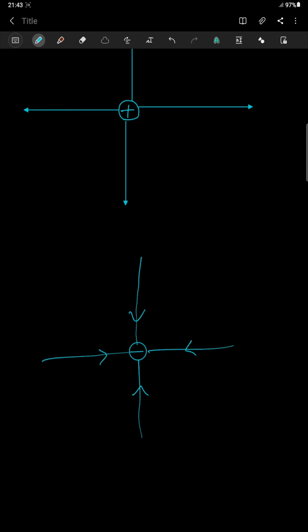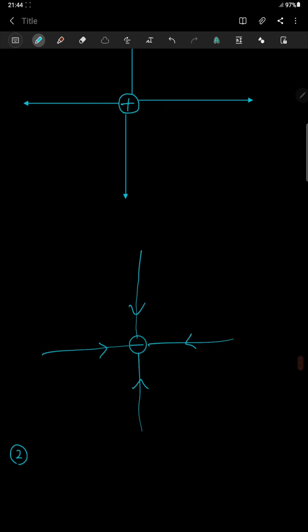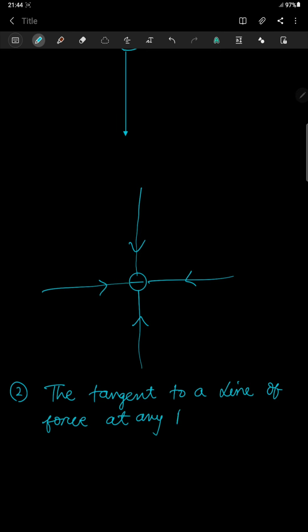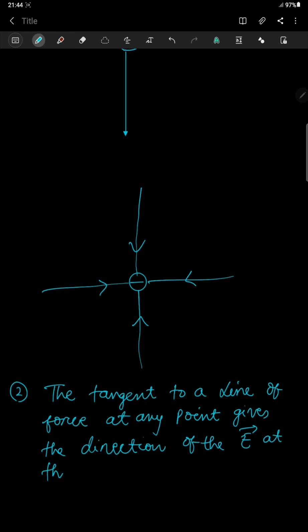Okay, let us get into the second property. In the second property, we have that the tangent to a line of force at any point gives the direction of the electric field at that point.